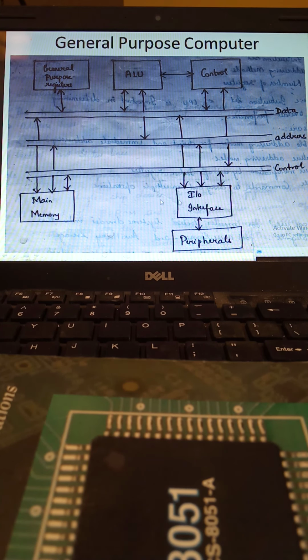Outside this computer, we have to interface some memory, some RAM, ROM, etc., and some IO interface, IO peripherals like 8255 IO ports, etc. So only the ALU, control unit, buses and general purpose registers are available inside the computer, and the memory and IO ports have to be outside.